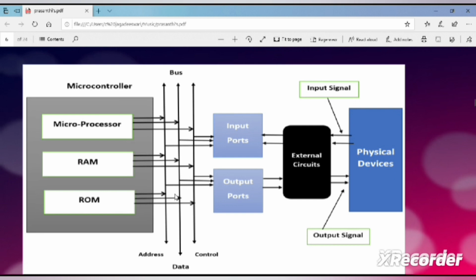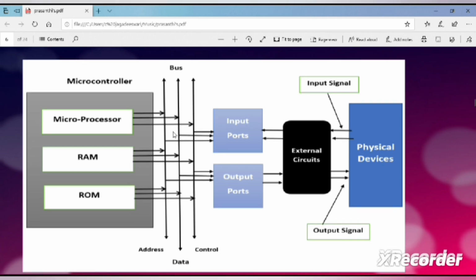A three-layer model consisting of hardware, software, and applications. The hardware layer consists of physical components like the processor, input and output devices, and memory. The software layer includes the operating systems, drivers, and middleware.